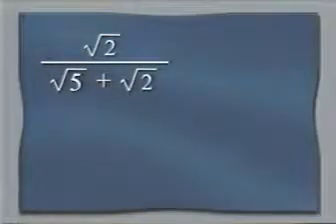How about dividing? Here is a division problem. The square root of 2 divided by the square root of 5 plus the square root of 2. You might say the answer to this is, who cares? But there's got to be a way to do this.